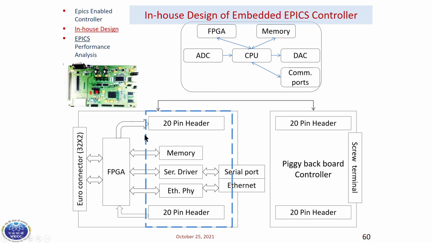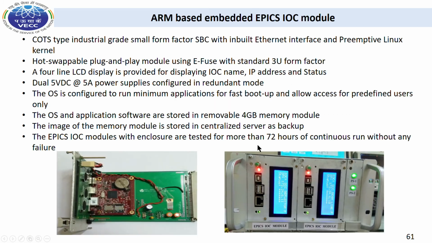So having this idea, we have developed such a board, where this is an FPGA board and this is a piggyback board comprising a microcontroller. This is the ARM-based embedded EPICS IOC module developed in-house.